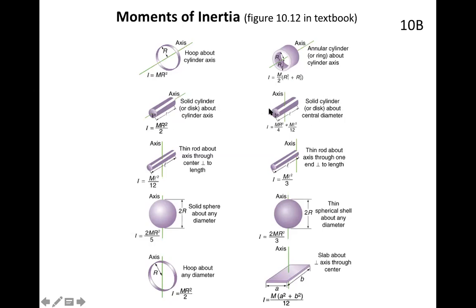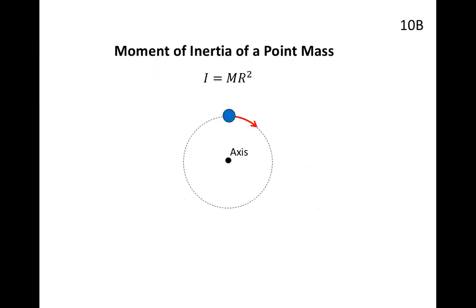The solid cylinder around its center is, of course, the center of mass, if it's a symmetric rod. But the one below that is a thin rod around the end of it. That is, of course, something quite different and not through the center of mass, because obviously the center of mass isn't going to be at the end. And we'll learn how to get from one to the other later on in the class.